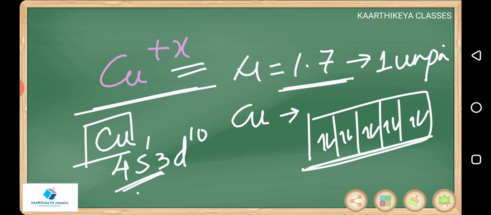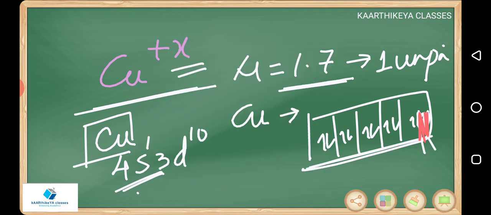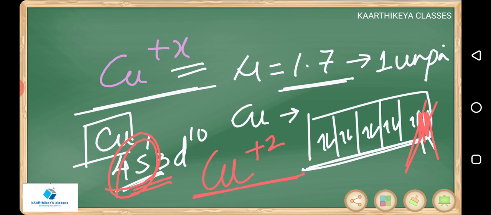If you want to make one unpaired electron, you need to remove this last electron. For example, let's say this last electron is going out, you wanted to remove this last electron, but before this last electron you need to remove 4s1, because after this the 4s orbital is also there. So here the copper oxidation state will become +2. First electron is going from the 4s orbital, one electron is going from the 3d orbital. Overall you are getting the copper +2 oxidation state, where the mu value is going to be 1.7.